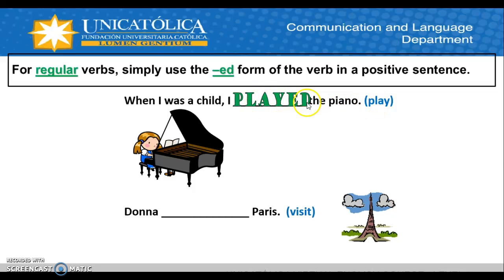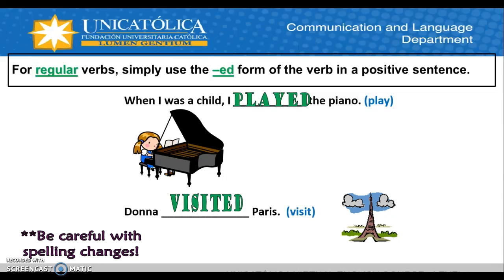It's played. Okay, when I was a child, I played the piano. Next, Donna. Look at the picture. What is the verb? Visit. Past: Donna visited Paris. Great. So be careful with the spelling changes. That's the only thing that you must keep in mind.